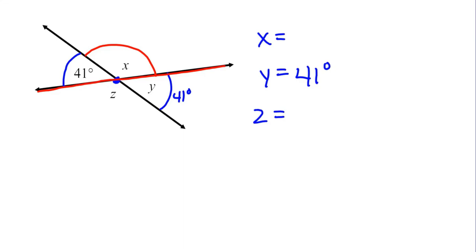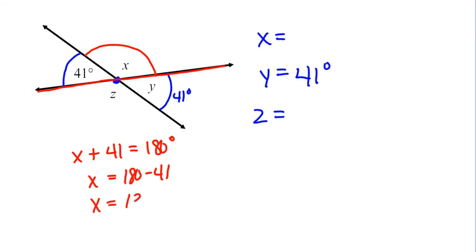These two angles are supplementary. So I know that x plus 41 equals 180 degrees. So now I'm going to apply what I know about supplementary angles. I know that x is going to be 180 minus 41. So x equals 139 degrees. Now I know this angle is 139 degrees.